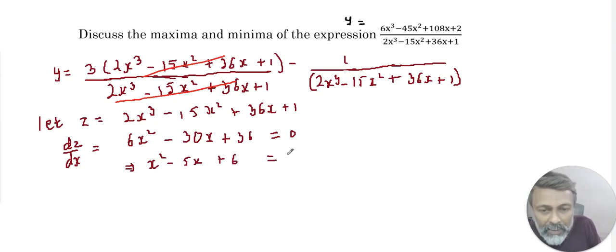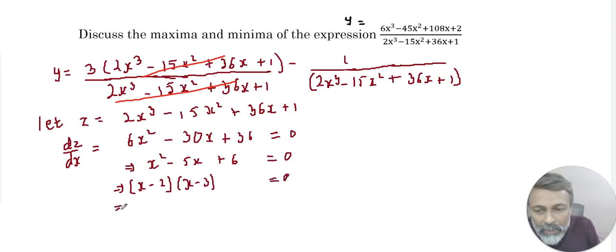We can factorize this. We get (x minus 2)(x minus 3) equal to 0. So x is 2 or x is 3.